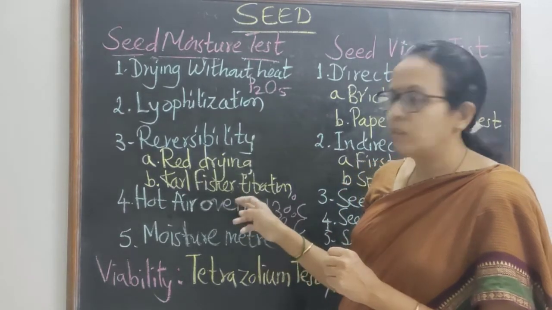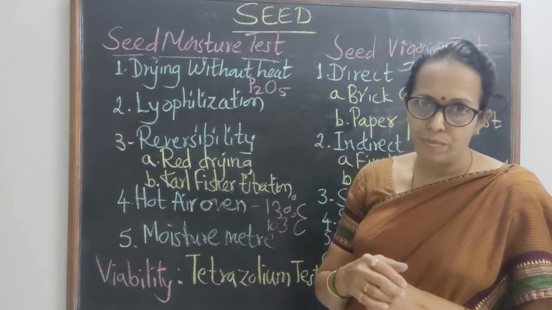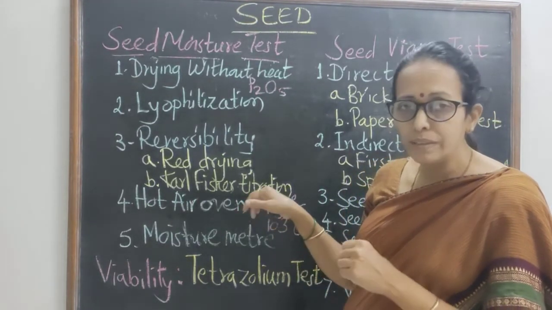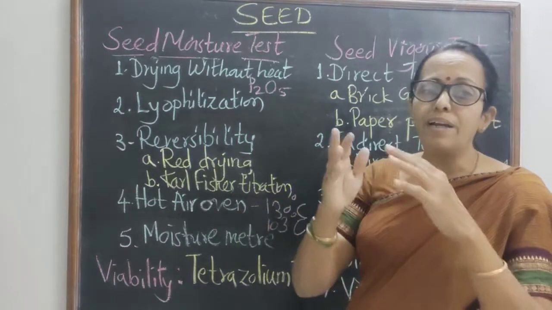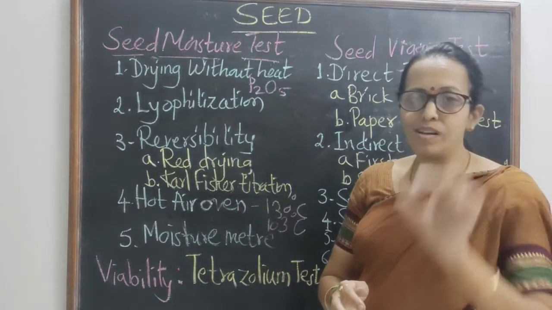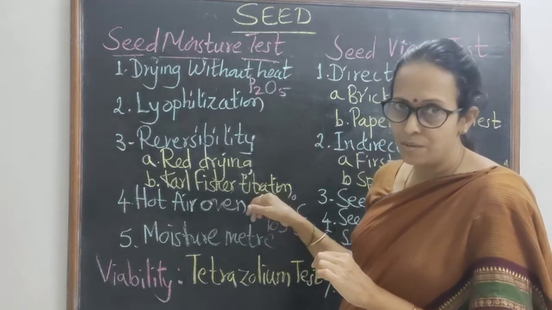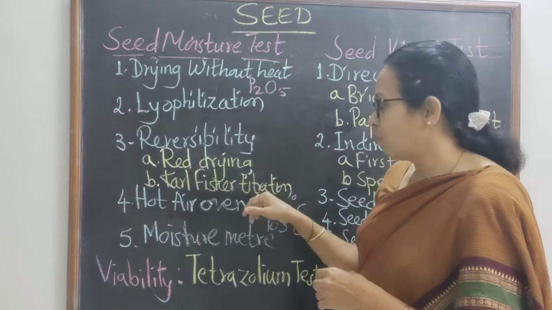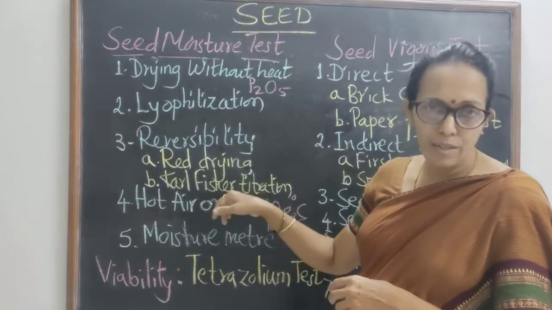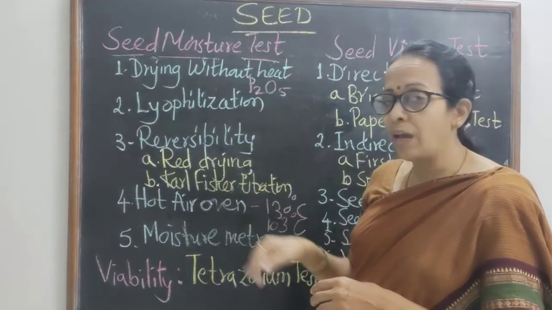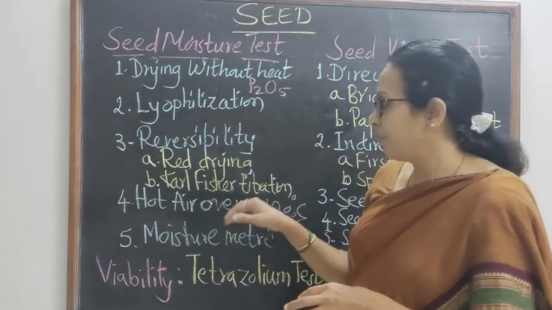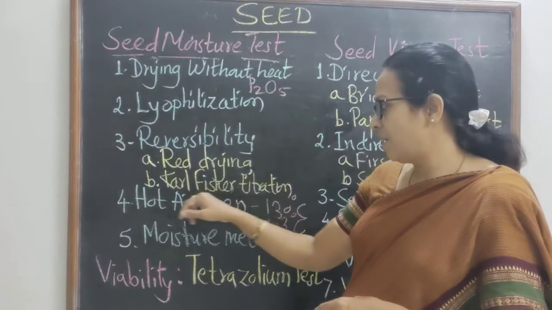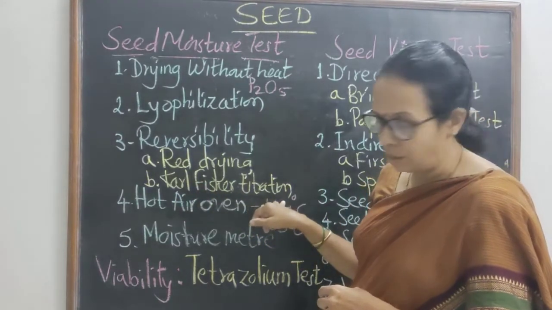The solution we get after extraction is then titrated against a special reagent using a special indicator, which was introduced by this scientist. It is a very accurate method and is followed by many laboratories. That is the Karl Fischer titration method.